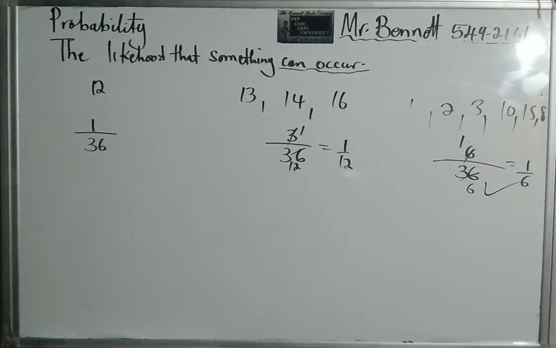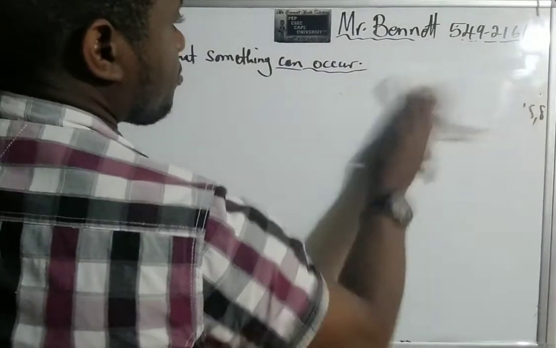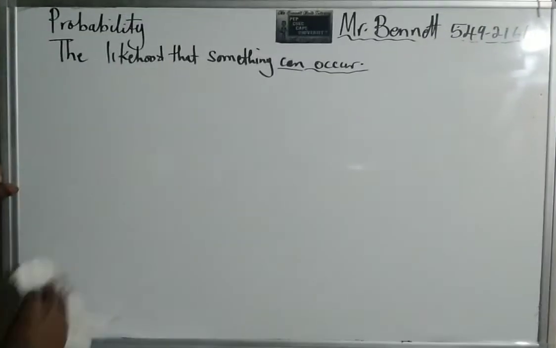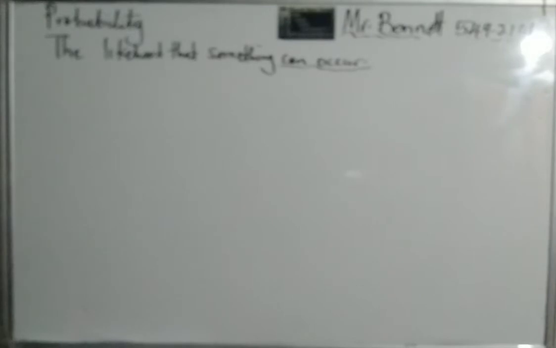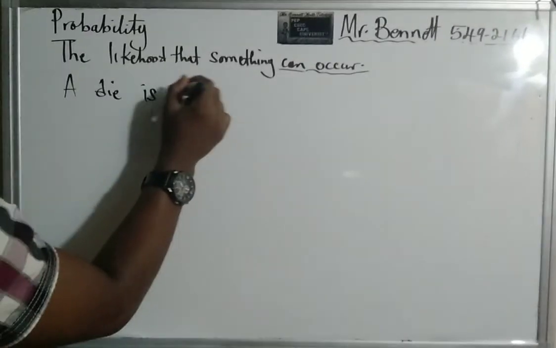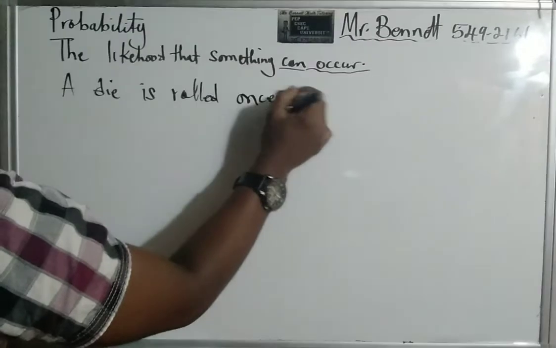Alright, let's get into how CSEC normally sets up their questions. And it can come in multiple choice. Anyway, they will say a die is rolled once. Sometimes they will use the word fair.